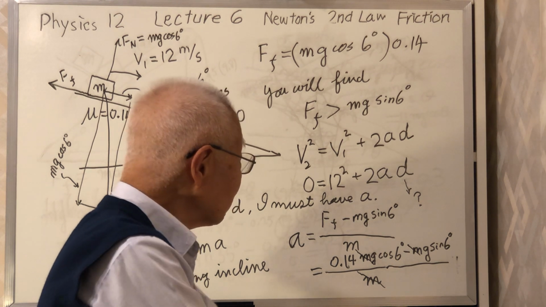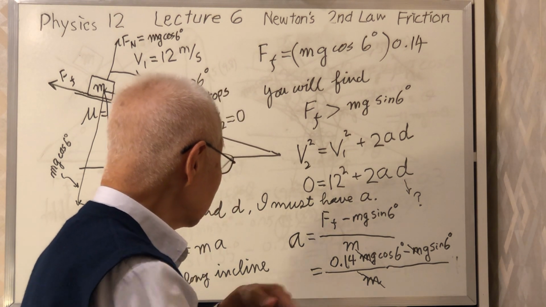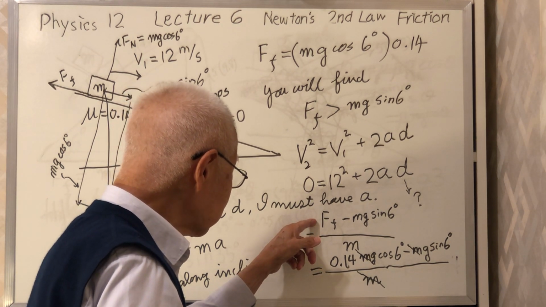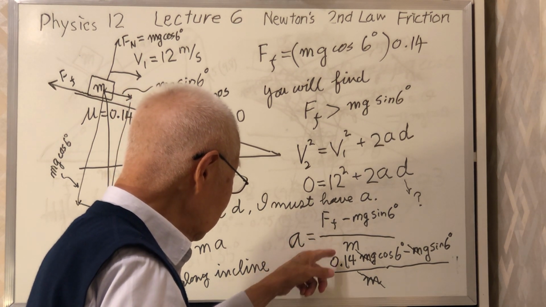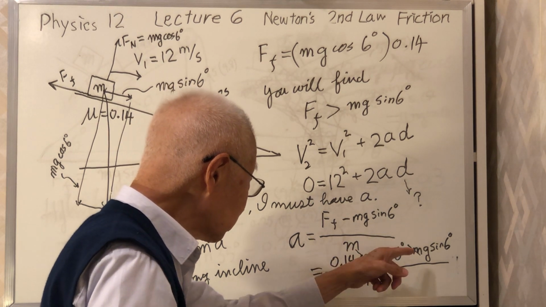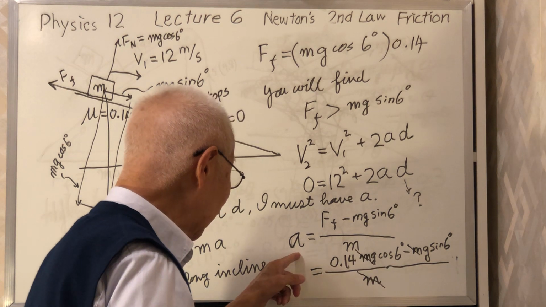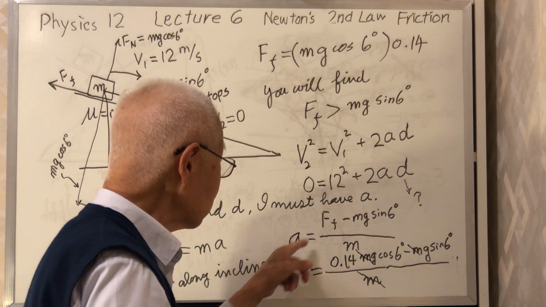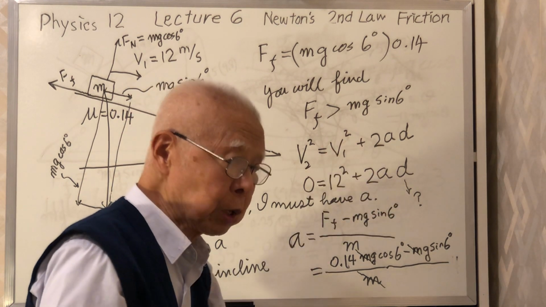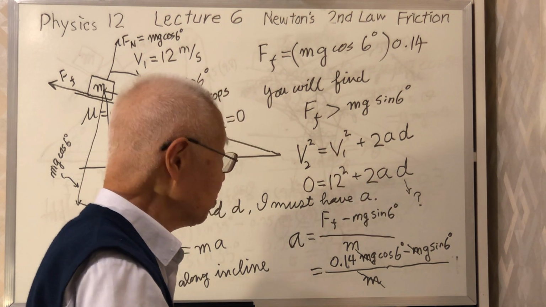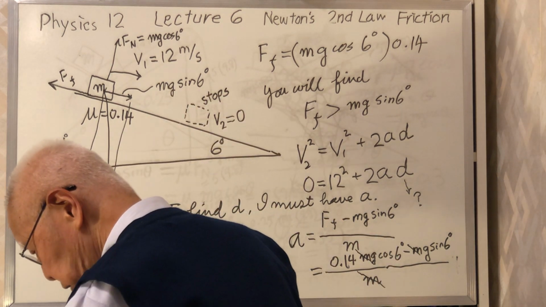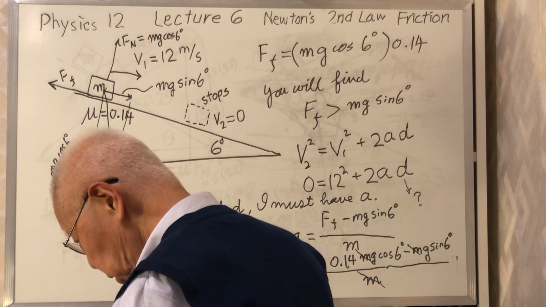Do you follow? Let me repeat. So a is the net force divided by mass. The net force is this, the mass cancels, so you can find the acceleration. Once you have the acceleration, put the acceleration here, you find the D, and the D is what we want for this question. I'm not going to use a calculator to write down all the numbers.